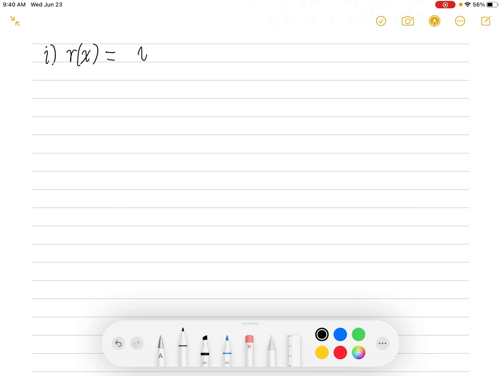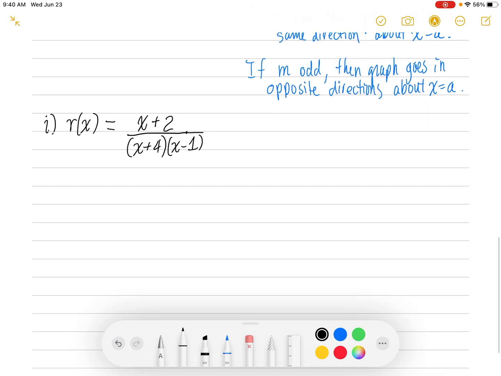We just want the general picture. So the whole point of this is not to use a calculator to graph or a computer to graph, but we want to use our analysis carefully, very carefully, to get a good general picture of the graph. It doesn't have to be super accurate though.